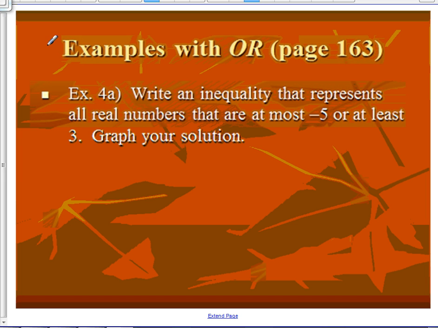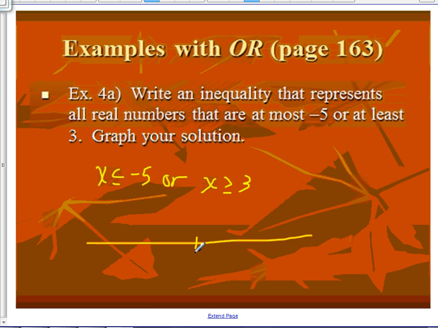I'm going to say x is less than or equal to -5, because that would represent all real numbers that are at most -5. And then I'm going to say or x is at least 3.